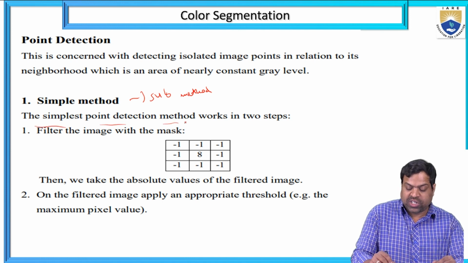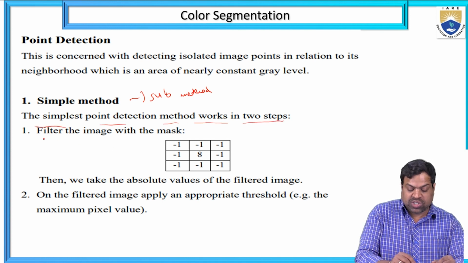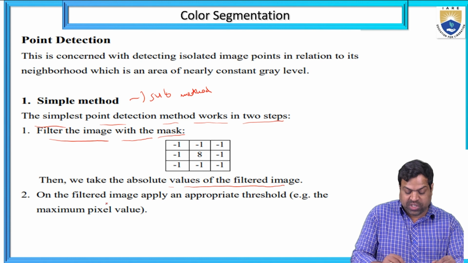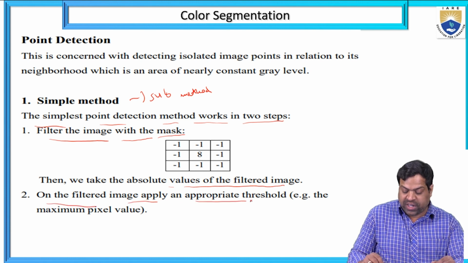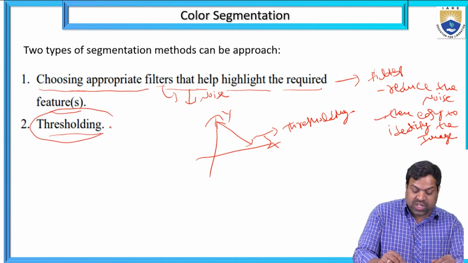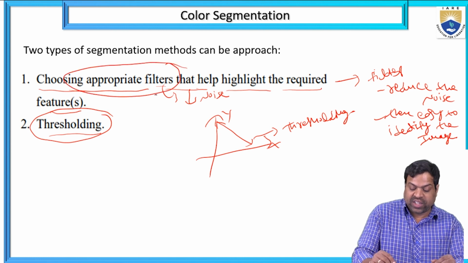This simplest point detection method works in two steps. First one is to filter the image with the mask and we take the absolute values of the filtered image. On the filtered image, apply an appropriate thresholding of the maximum pixels. So already we know that for every image we have to take the appropriate filtering and thresholding. So filtering is one method, thresholding is another.